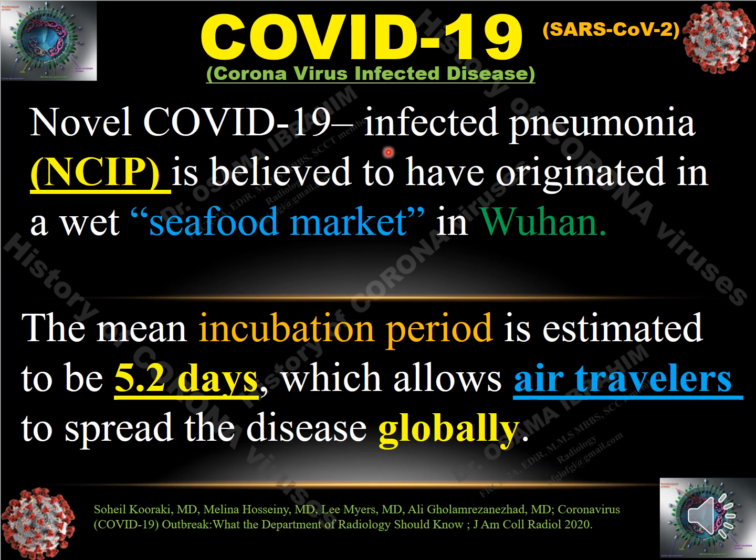Novel COVID-19 infected pneumonia, NCIP, is another name, believed to have originated in a wet seafood market in Wuhan. The mean incubation period is estimated to be 5.2 days, which allows air travelers to spread the disease globally and become pandemic later.